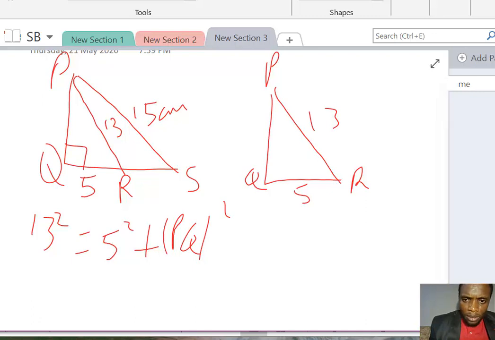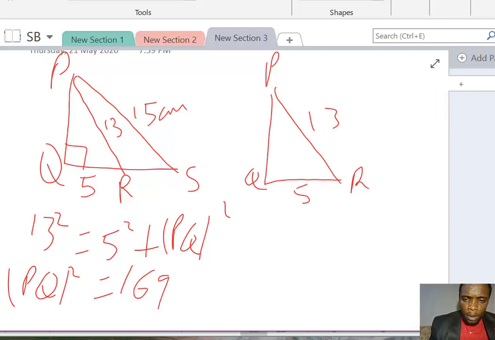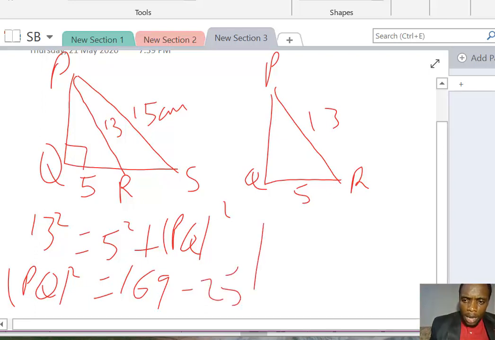If you collect like terms, you'll have PQ squared equals 169 minus 25, and this will give us PQ squared equals 144.